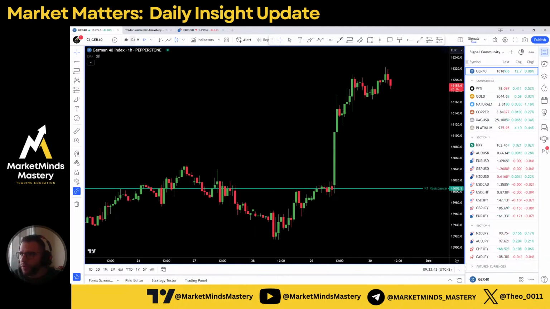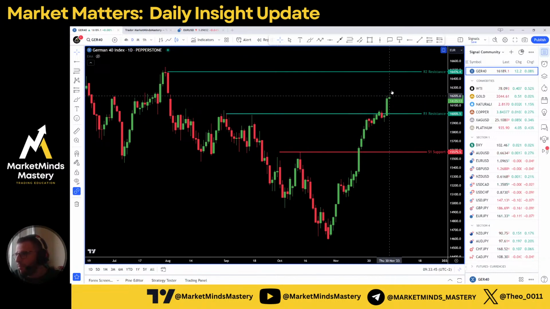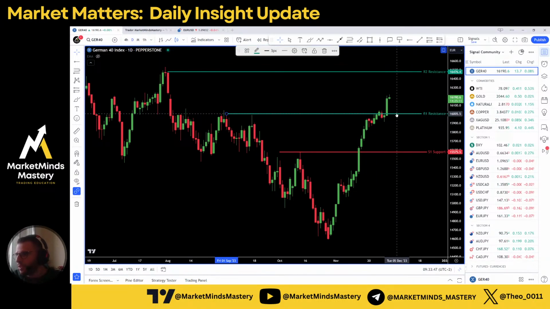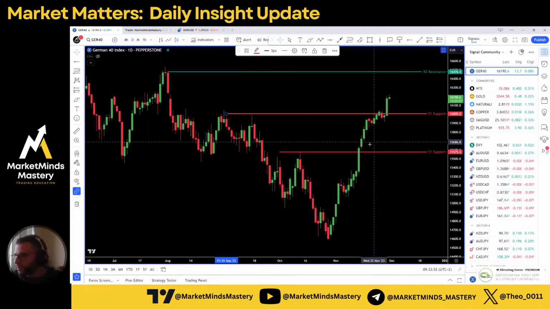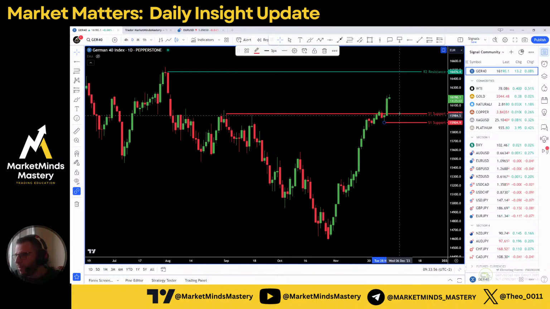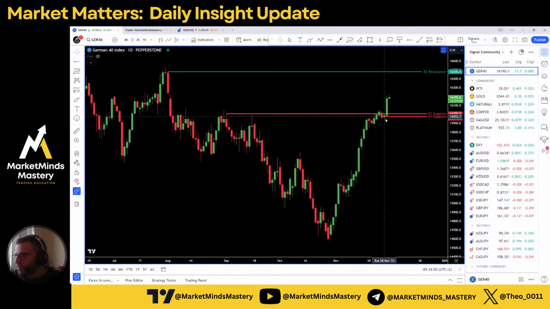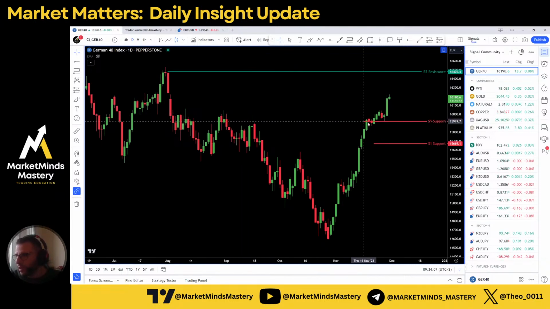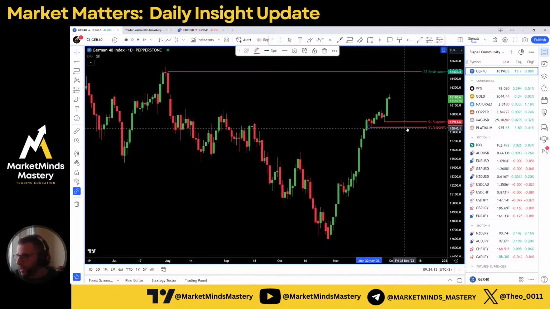And the German 40, another one, broke to the upside above this resistance. So this one will now be renamed as the support, and the swing low now becomes this one here. For the daily traders, these 2 points are very, very close to each other. To avoid confusion, first it's this one here, and second is this one there.